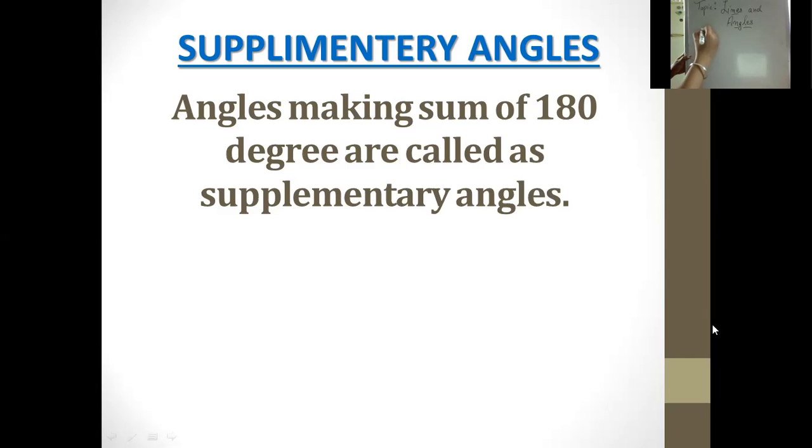Now we know about the complementary. I'm just giving a comparison so that you can have an idea. For complementary angles, we did 30 plus 60, that is 90 degrees. This is for complementary. What about supplementary?